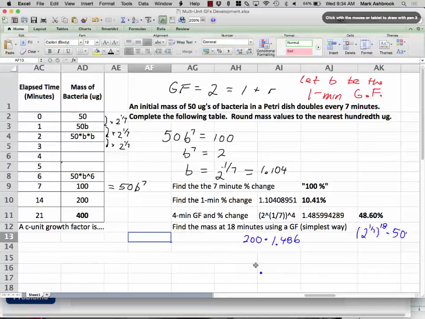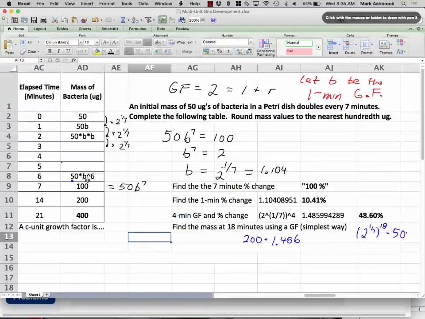Anyone figure it out? Yeah, go ahead. Since we already know the 7-minute mass, I took the 4-minute growth factor and squared it, then multiplied it by the 7-minute mass.